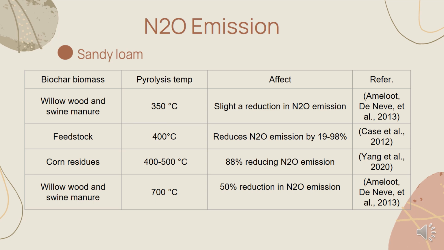But when they increased the pyrolysis temperature to 700 Celsius, the percentage of reduction increased to 50%.